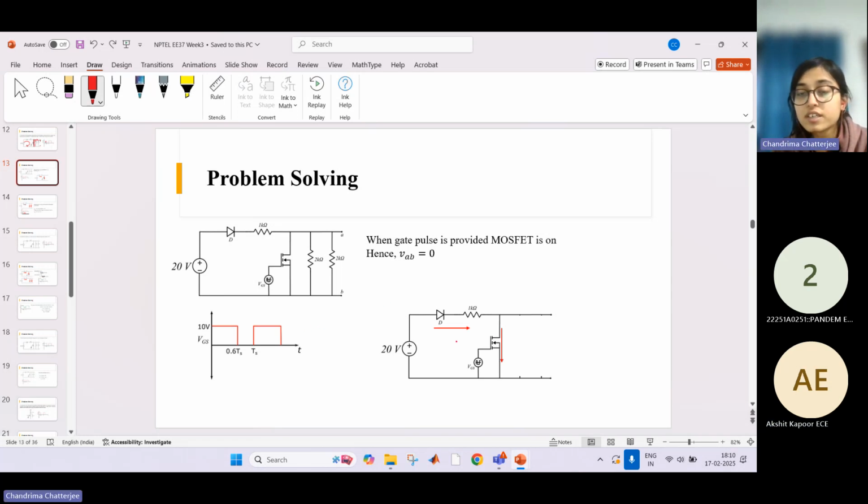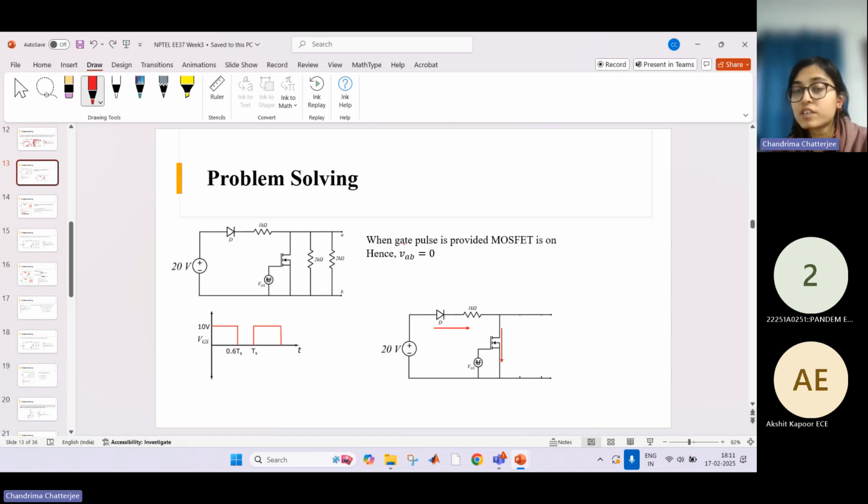So here I have shown the equivalent circuit, what I just explained to you. When the MOSFET is on, the equivalent circuit is like this, because you can assume they are not present at all, because the current path is from the diode to this resistance through this MOSFET and back to the source. This is the circuit when the MOSFET is on.